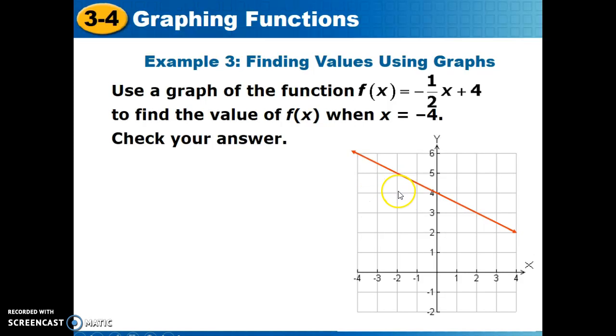Example 3, finding values using graphs. Use a graph of the function, f of x equals -1/2 x plus 4, to find the value of f of x when x equals -4. It says to use the graph of the function. Well, they've graphed it out for us, and what they've given us is an x value. We need to find the corresponding y value. Remember, f of x simply indicates the function at the value x.